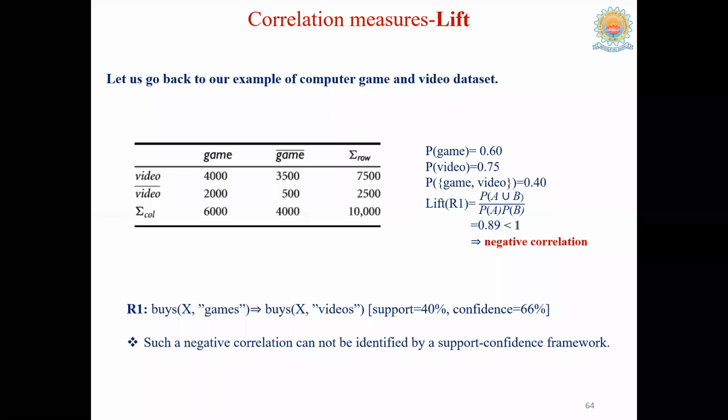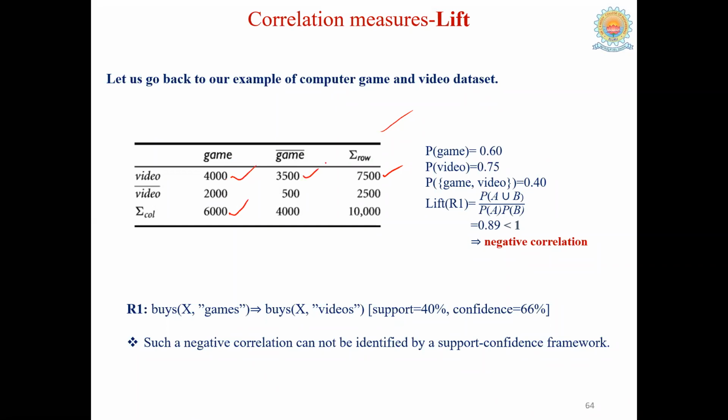So here is an example of a data set consisting of games and videos. There are 6,000 transactions consisting of only games and 7,500 transactions consisting of only videos. Whereas this 4,000 indicates the transactions consisting of games but not containing any videos.